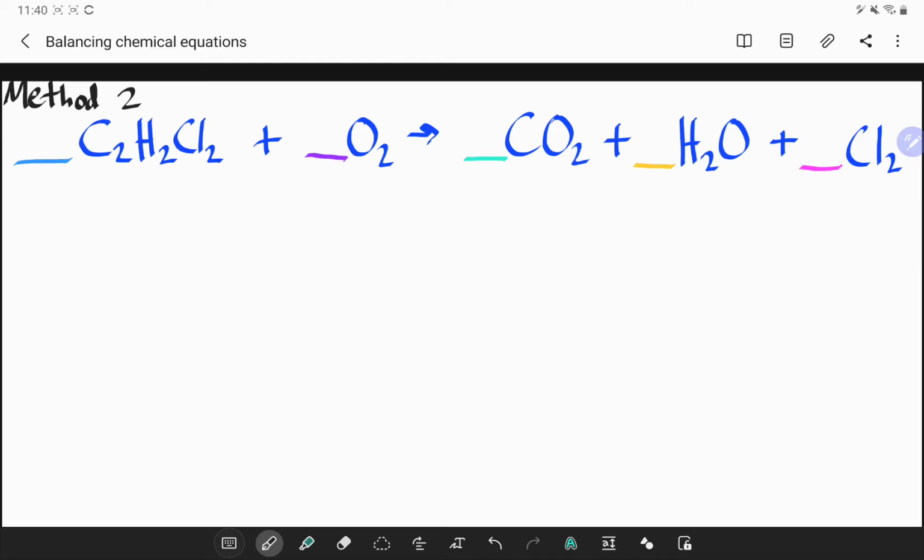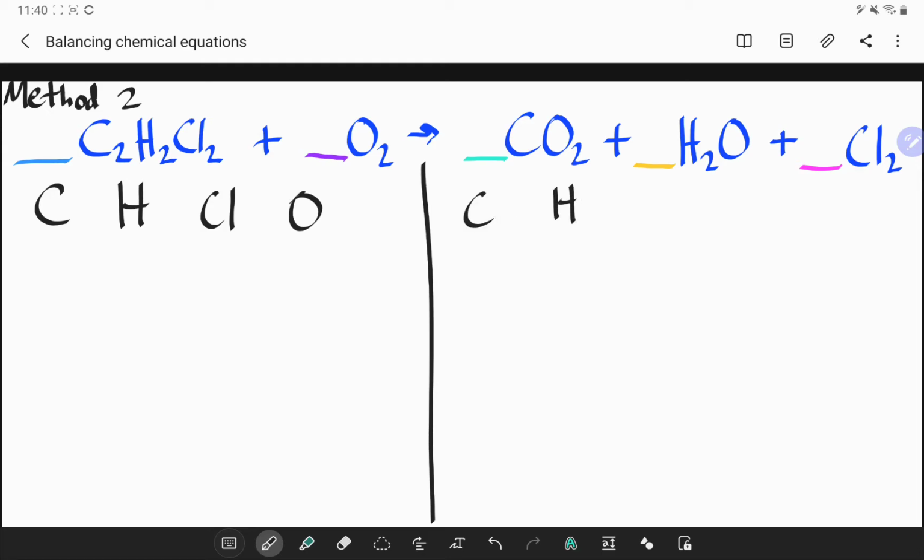All right, so let's go ahead and try to start balancing this chemical equation and see if we get stuck. I know we will, because this is the same problem as last time. So we have carbon, hydrogen, chlorine, and oxygen, on both sides. And I have 2, 2, 2, 2, 1, 3, 2, 2. All right, balancing everything out.